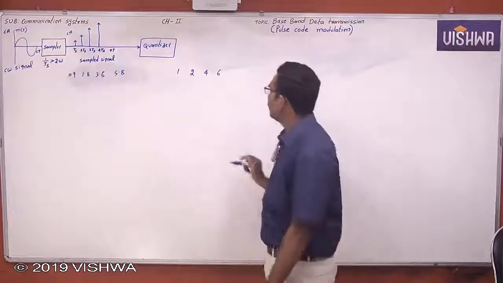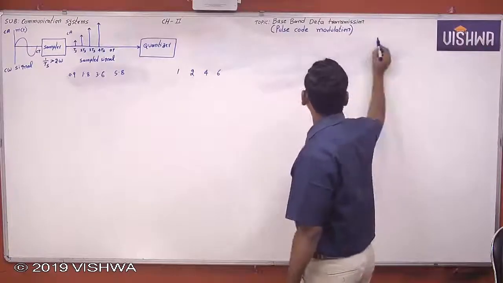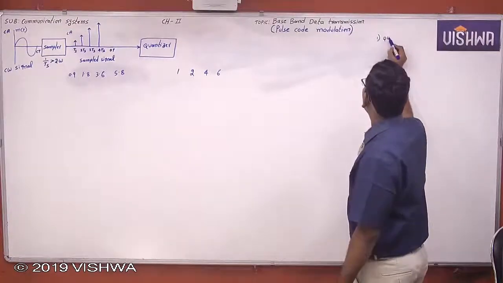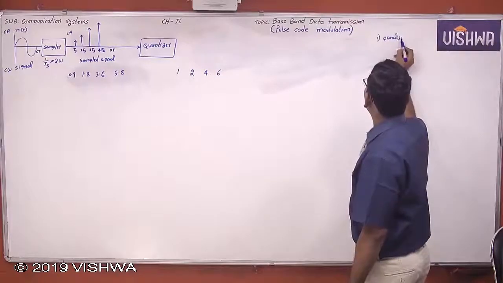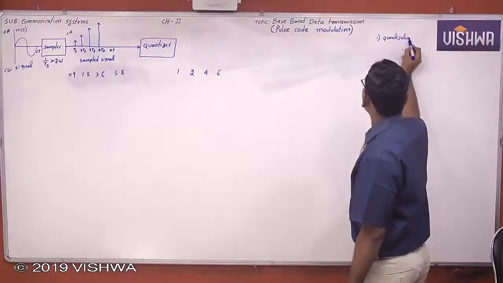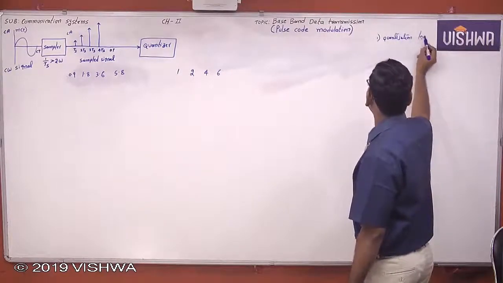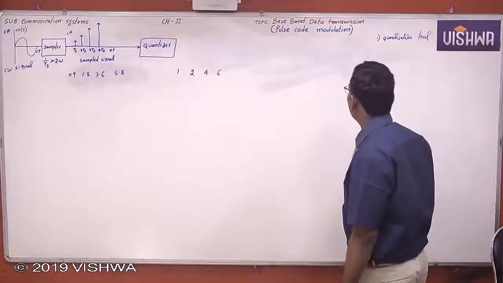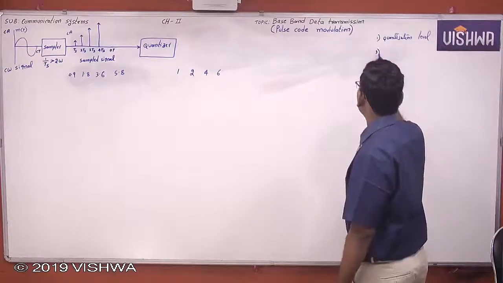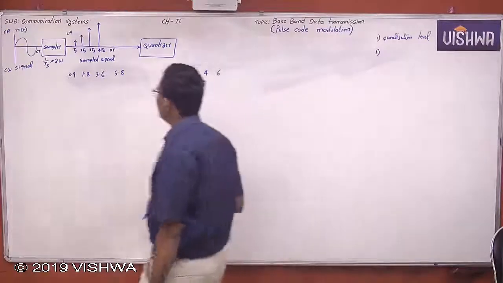Here one word is coming: quantization level. Round off to quantization levels. What are quantization levels? How many quantization levels is a question mark. That is the second one. Clear or not?